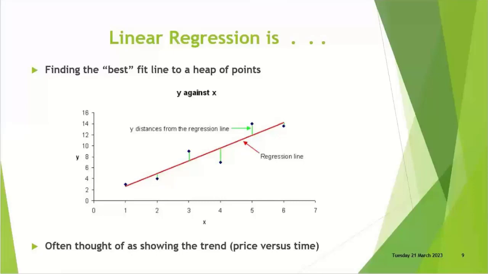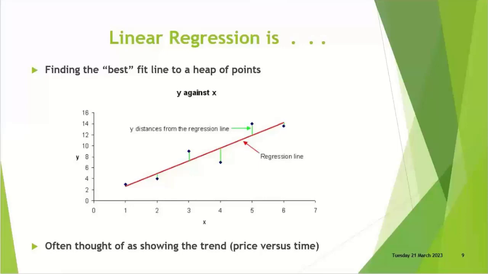And it does this by calculating the distance between each point and the line, and then summing the square of those distances, to make the sum of the distances the least. So what it's trying to do is to pull that line in amongst those points so that it is as close to as many of the points as possible.